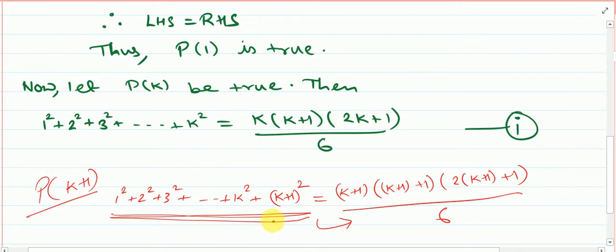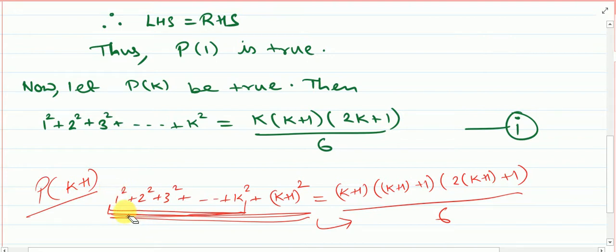Why am I saying Pk plus 1 is true? Because this much is Pk, and here I'm adding the next number, that is k plus 1. So if this one holds according to this pattern only, then we say that Pk plus 1 is true.